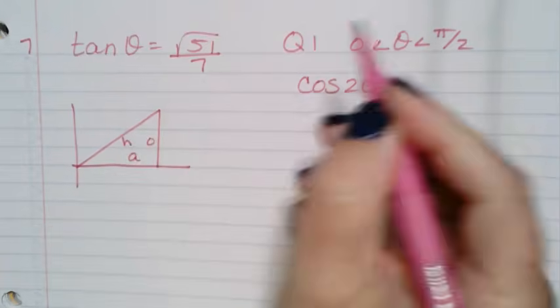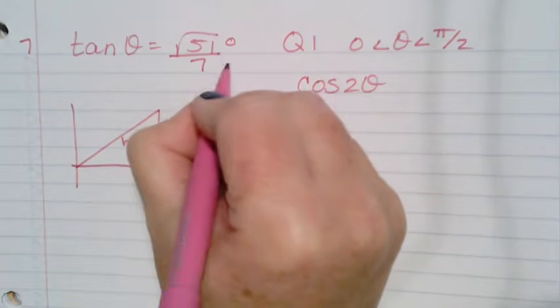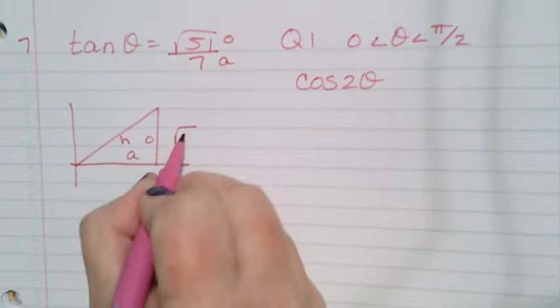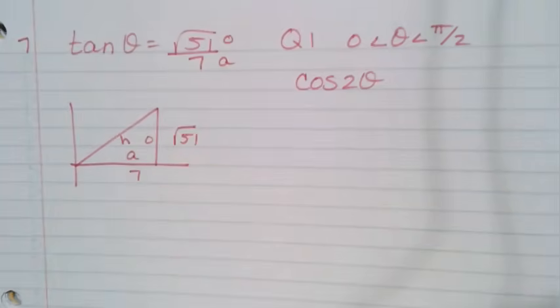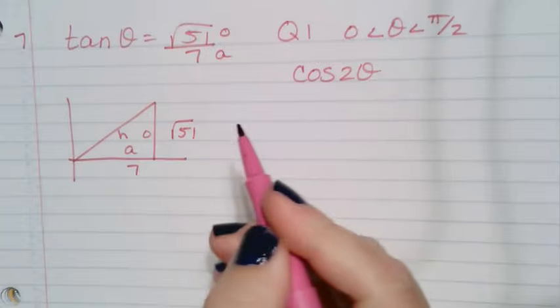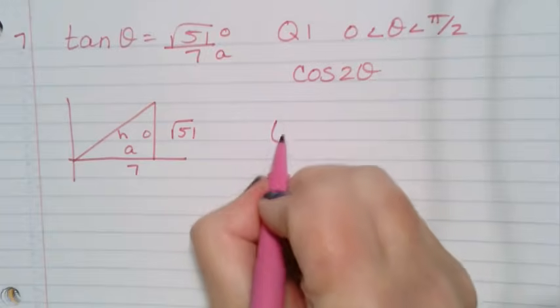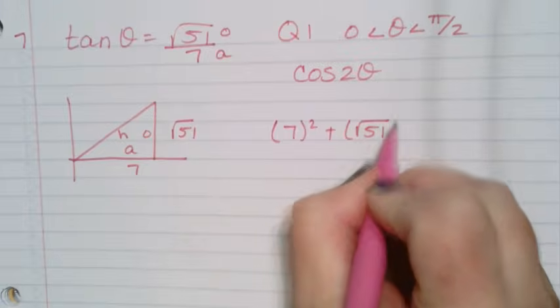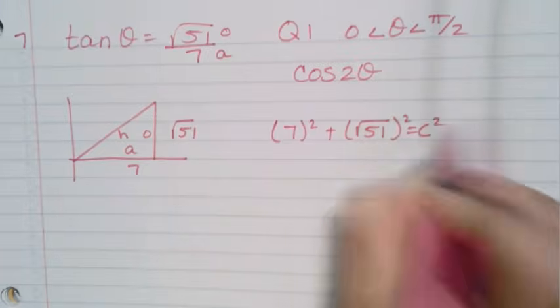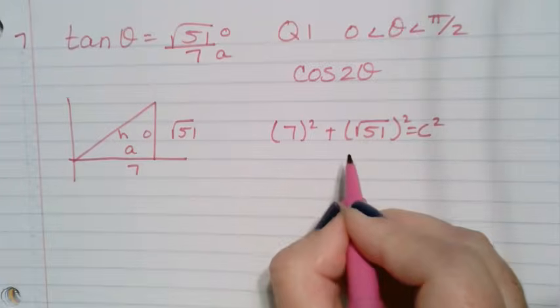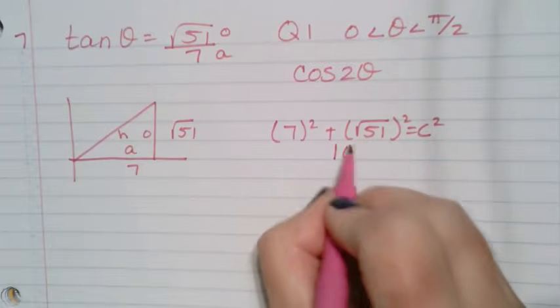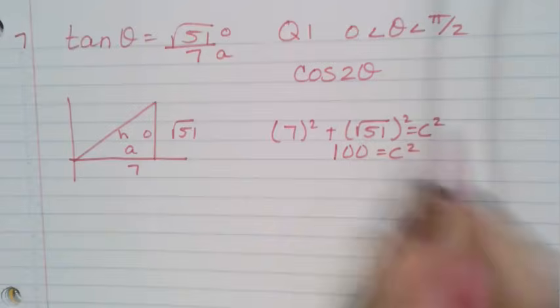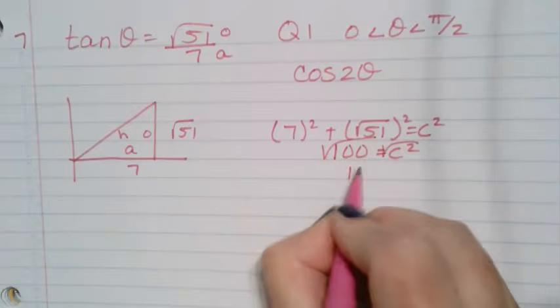Remember TOA, O over A, so square root of 51 and 7. I need my hypotenuse. So 7 squared plus the square root of 51 squared equals C squared. And you can type all of this in. Please put those parentheses in, and you get 100, square root, and we get 10.